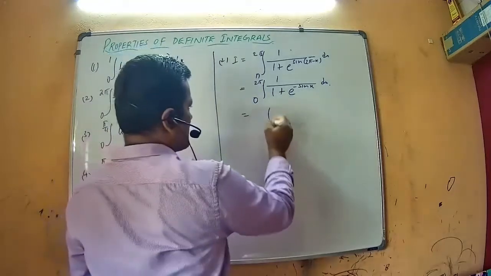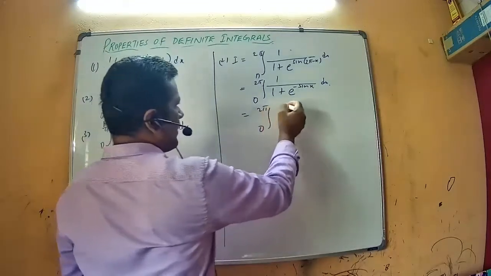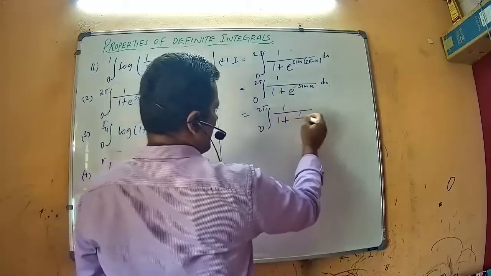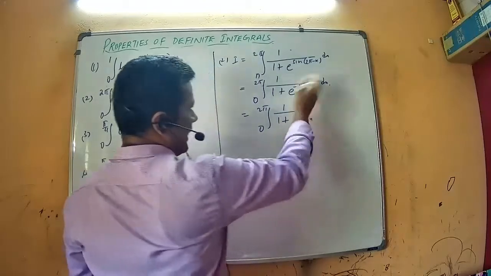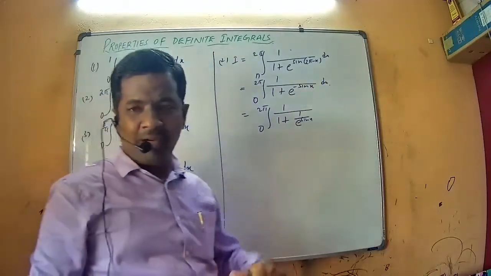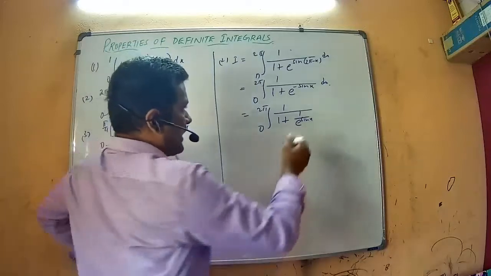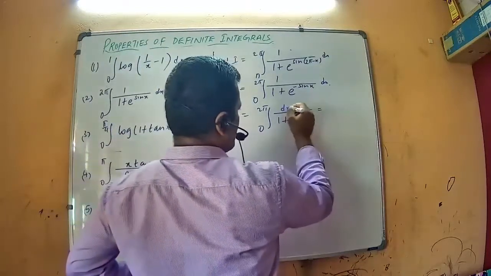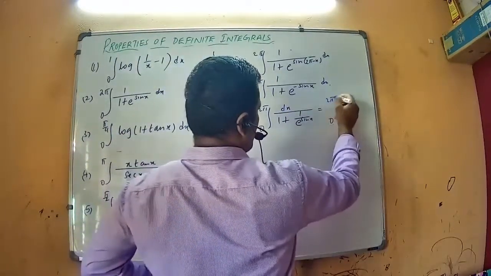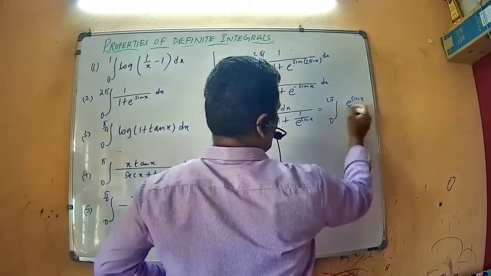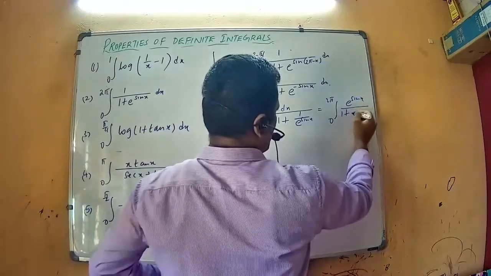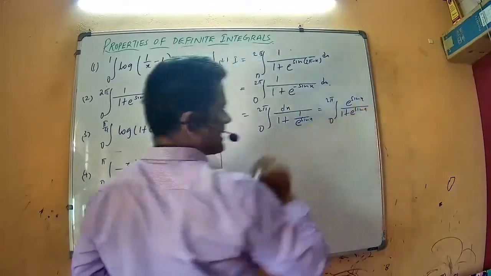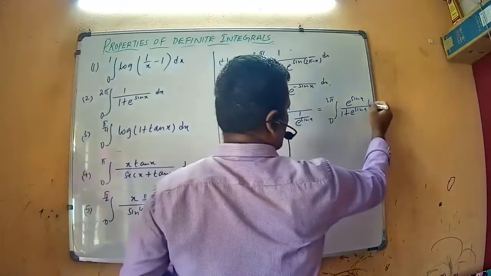So finally, this is the integral from 0 to 2 pi of 1 by (1 plus 1 by e power sine x). E power minus sine x can be written as 1 by e power sine x. So this will become the integral from 0 to 2 pi of e power sine x by (1 plus e power sine x). If you take the LCM, that is what you are going to get.